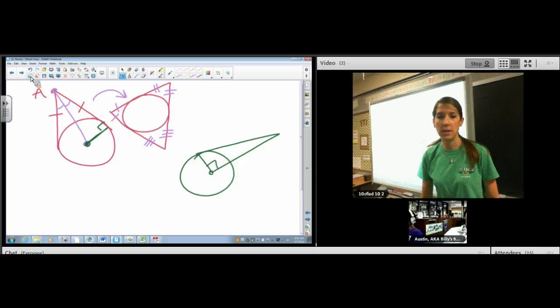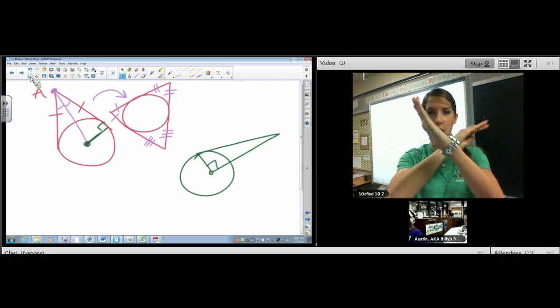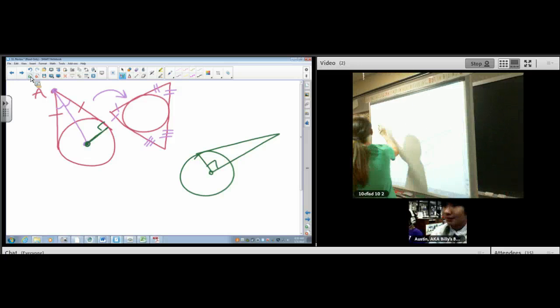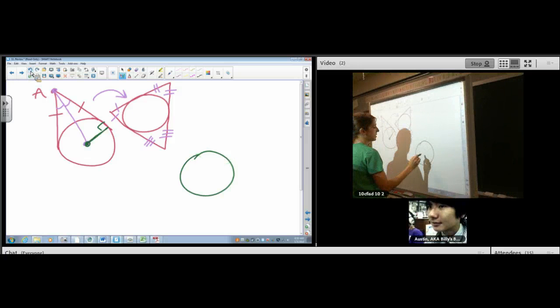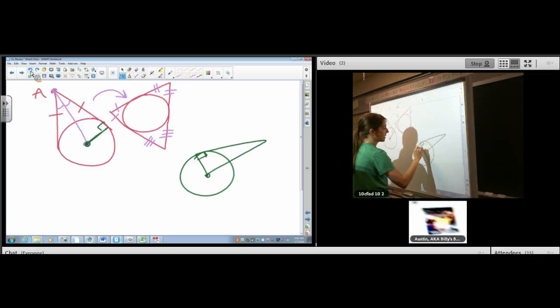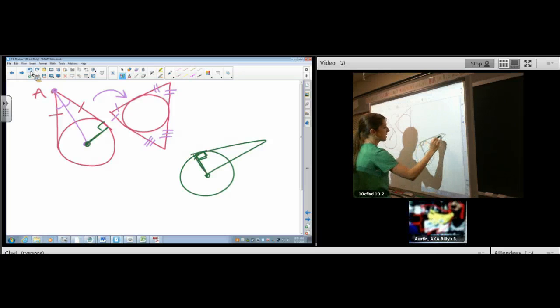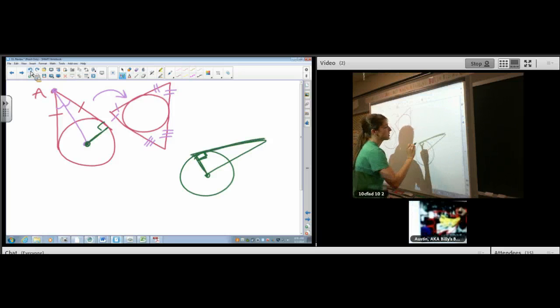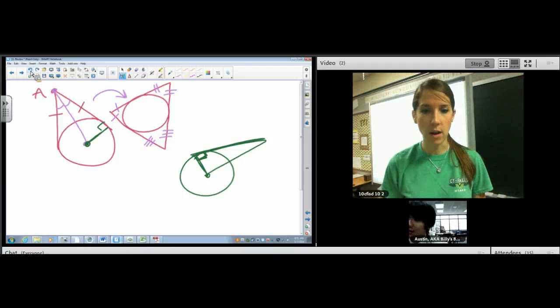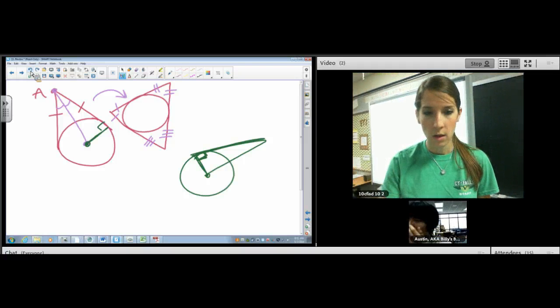Don't be the person who does that on the test. Bad, wrong, don't do it. The right angle is always at the point of tangency. It's where the radius meets the tangent line. That's where the 90-degree angle is. So please be careful about where you put that 90-degree angle.